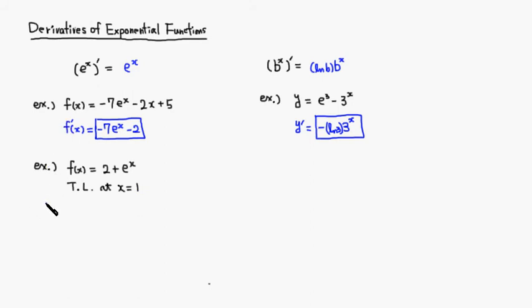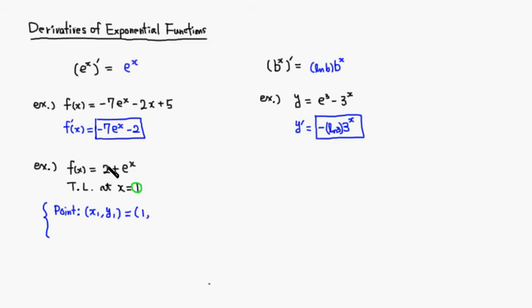Whenever we look for an equation of a line, we need two pieces of information. The first one is a point, let's call it x1, y1. The x value is already given, which is 1, so x1 is 1.